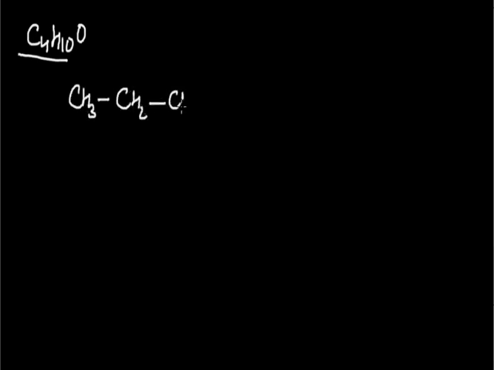Just now we have seen a different position of a multiple bond. Now we will take an example where the position of the functional group differs. For the functional group, if I take the example of an alcohol with the molecular formula C4H10O, which follows the general formula of an alcohol, the very first structure may be CH3 CH2 connected with CH2, and the terminal CH2 group is connected with the alcoholic functional group OH.